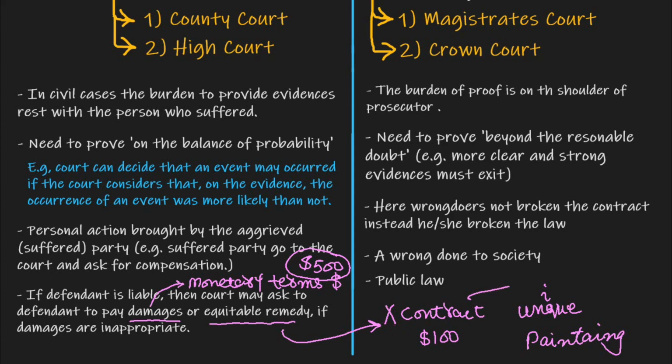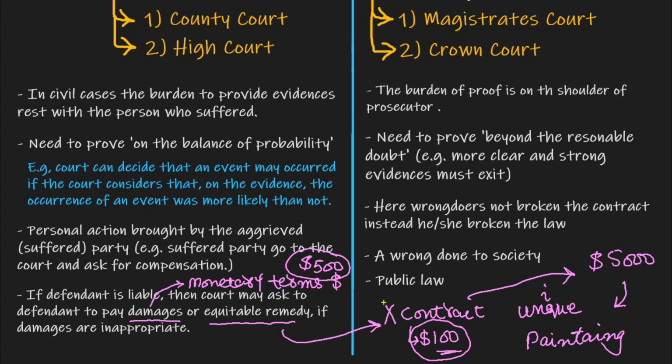Let's say because another person quoted him a price of, let's say, $5,000 for this painting. But according to the contract of the first person, he has the right to purchase this painting for 100 USD.